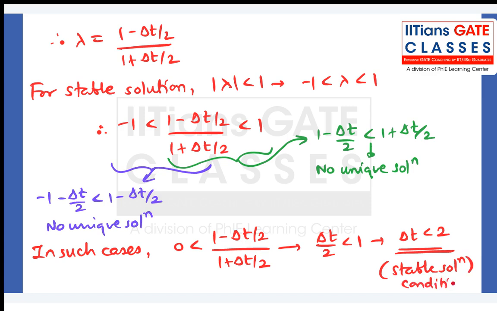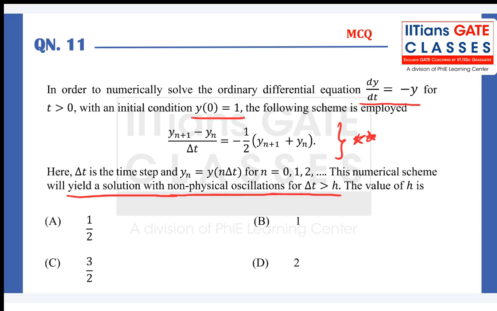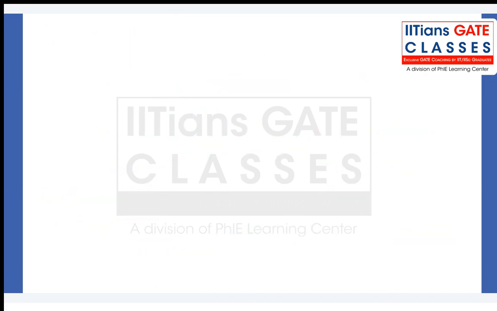But if you go back to the problem, they are not asking us to find the stable solution condition. What they are asking us to find is non-physical oscillations. So basically the unstable condition. So if you choose delta t less than 2, you will get a stable solution scheme.